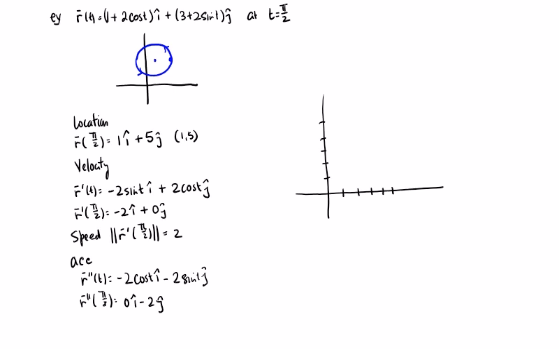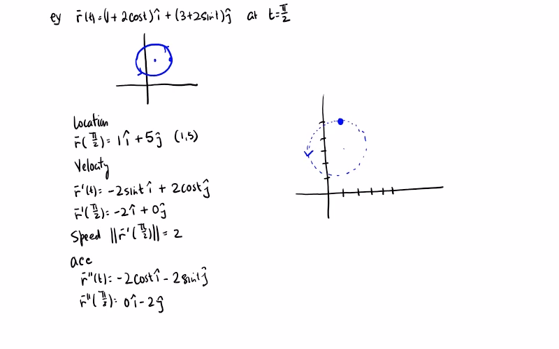So the object is at 1, 5, so that's right here. So this makes sense because the center of the circle is right at 1, 3, and it's a circle of radius 2. So the object is going this way, to the right on the bottom, to the left on the top. So this is where it is at t equals pi over 2.